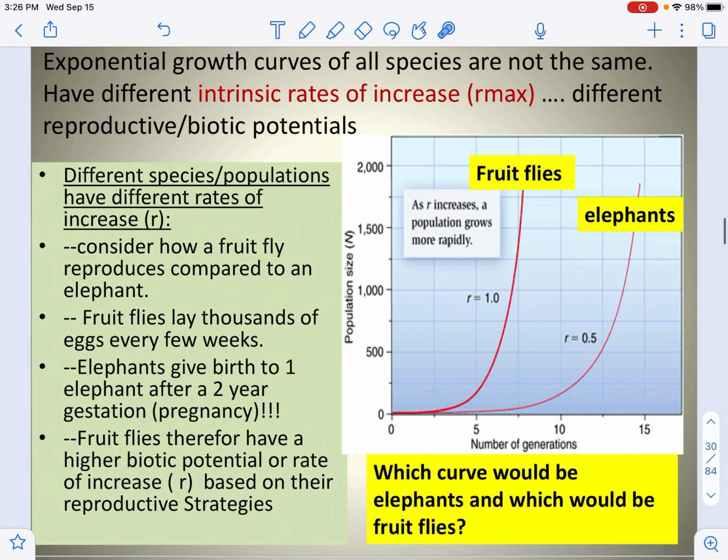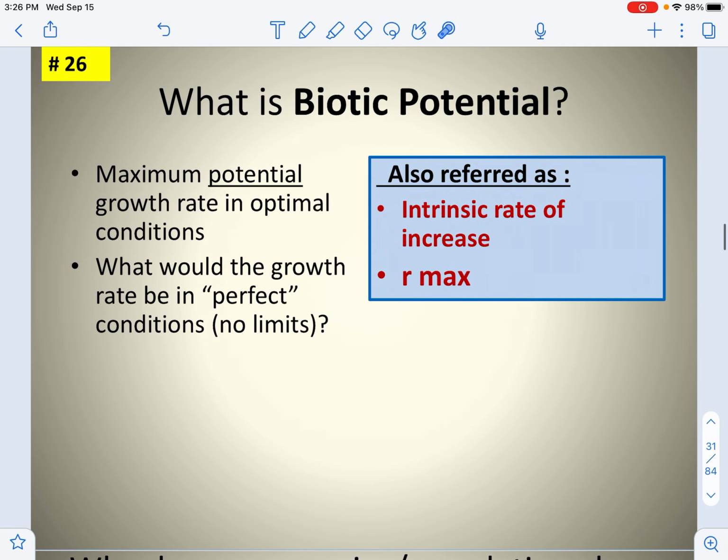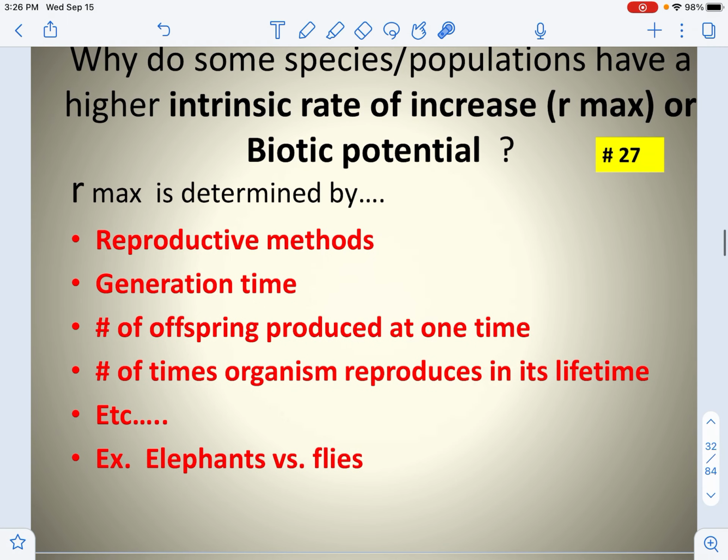So this is explaining the same thing, but labeling the curves, all right? That just defines biotic potential. Again, R max, intrinsic rate of increase, and biotic potential are all the same thing. It's basically the maximum growth rate if everything were perfect, which never happens. These are some of the things that would affect biotic potential.